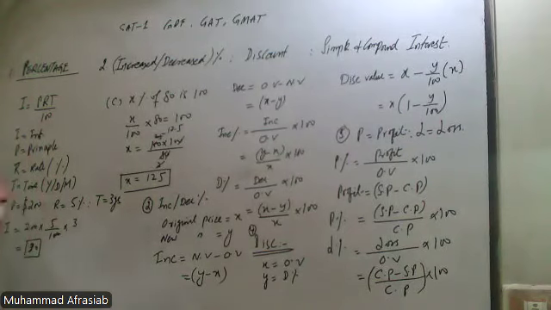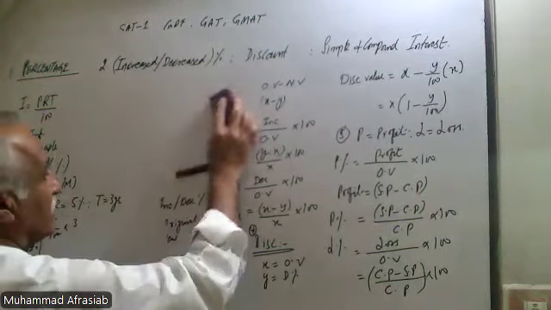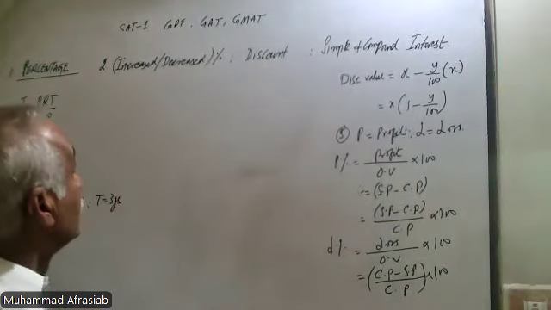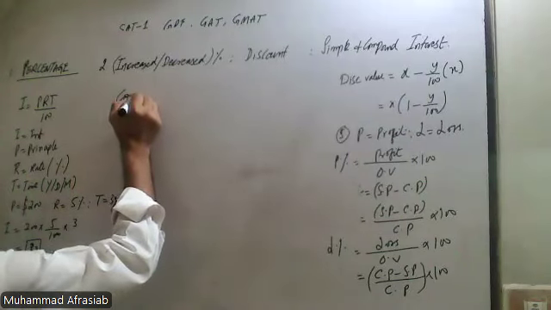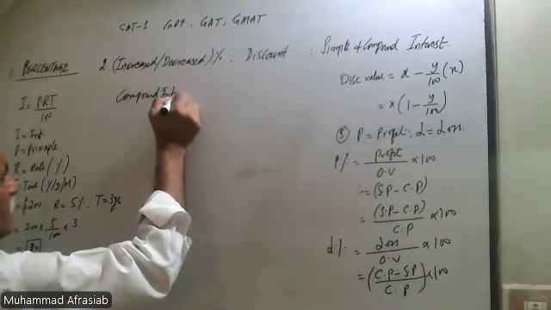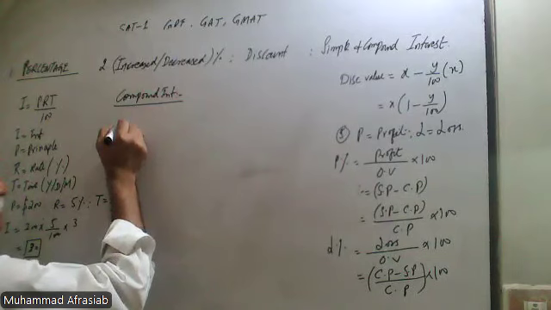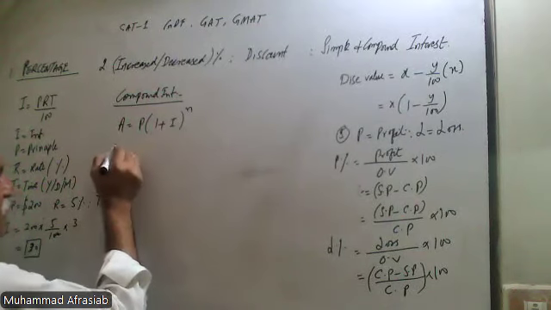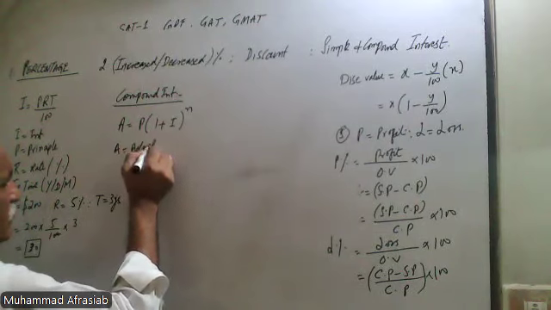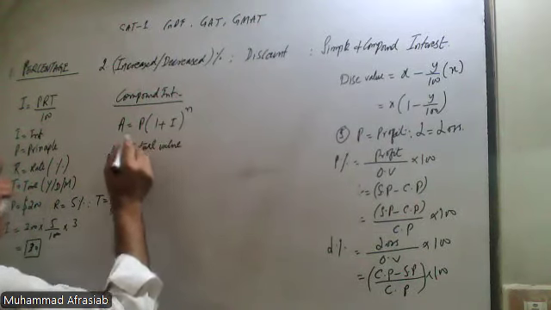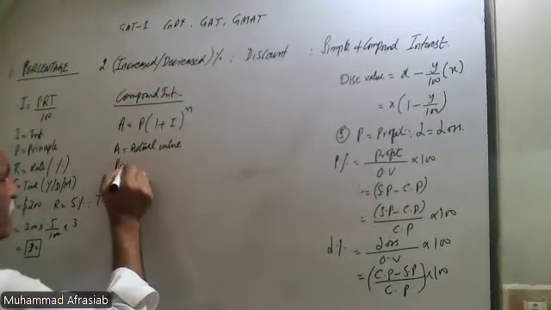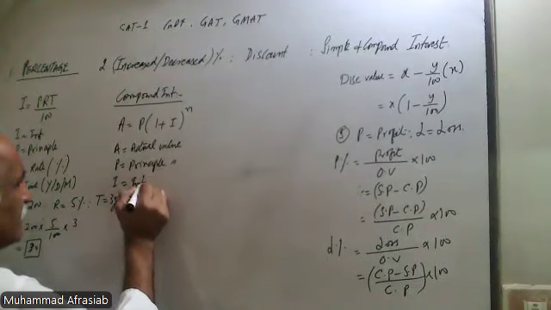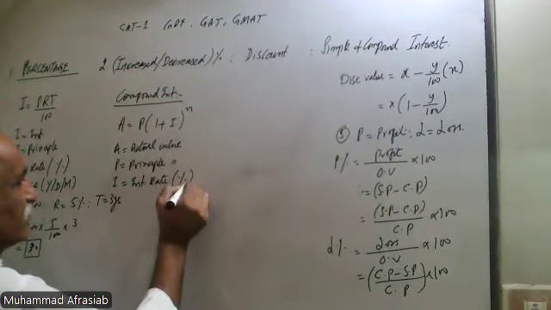Then the last part is the compound interest, where A is the actual value which you get after paying, P is the principal value, and I is the interest rate in terms of percentage.